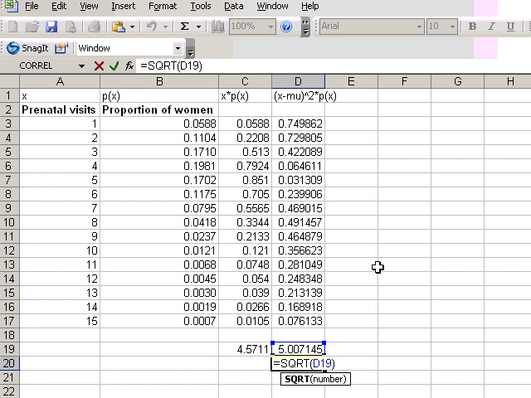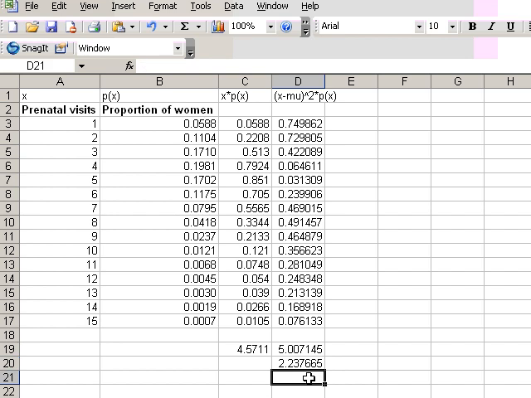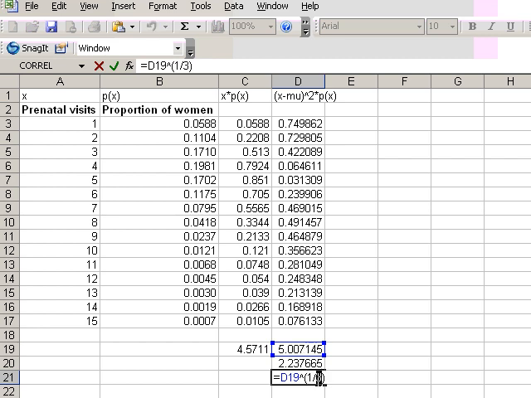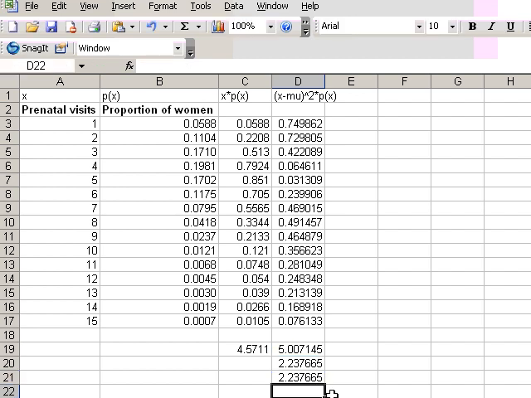I could just as well have used equal the value of the variance raised to a power. And if I want the square root, that is the power of 1 divided by 2. And I get exactly the same value. So either the square root function or raising a value to the power of 1/2 will give the square root.